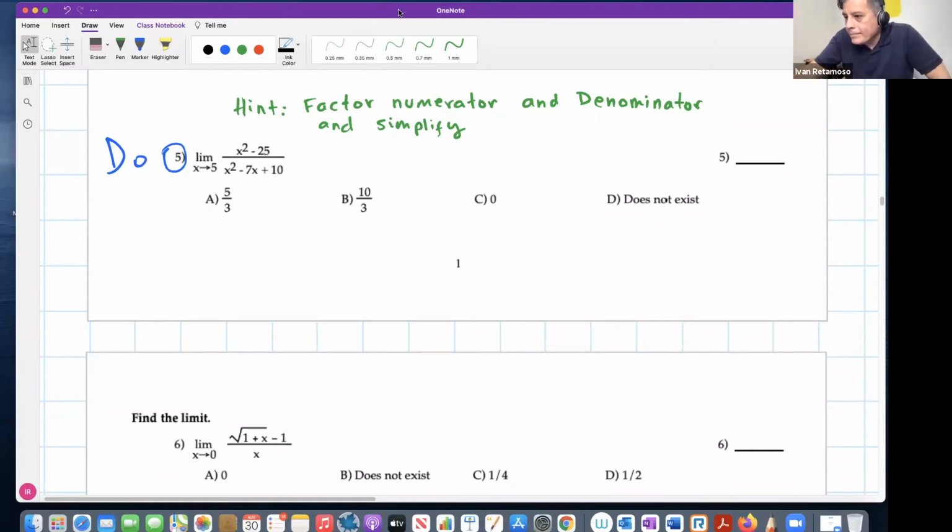And the last hint is write your answer in exact form. You got it? Very good.